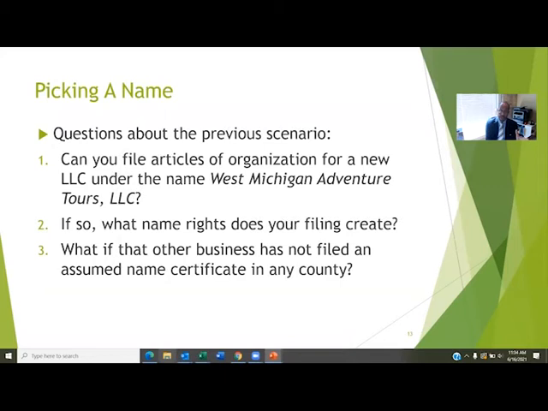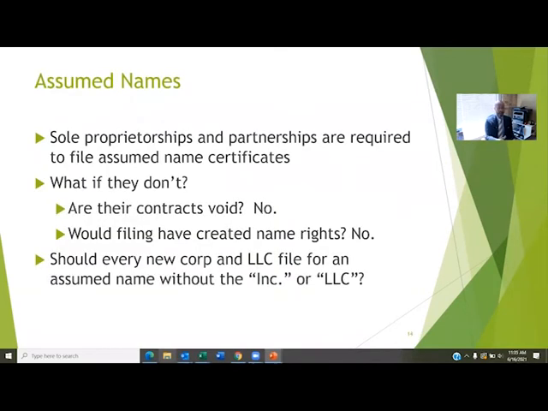Now, assumed names are kind of the same concept, but they apply particularly to sole proprietorships and partnerships. And so there's much more limited protection as to your name. Sole proprietorships and partnerships can be registered on the county level as a doing business name. And even as an LLC, you can file separate assumed names under that LLC.